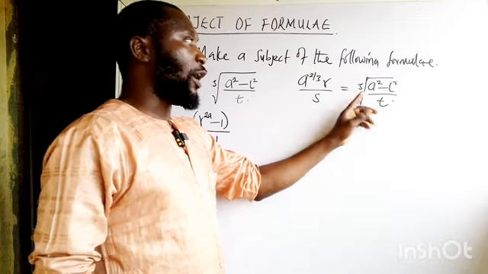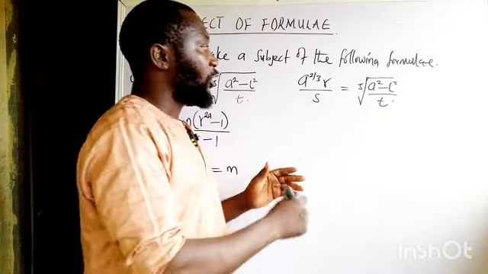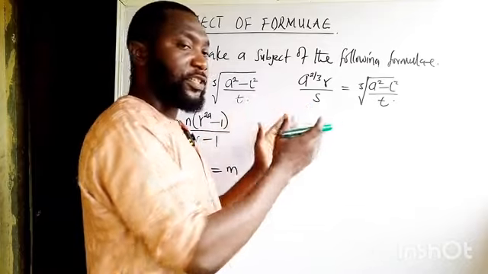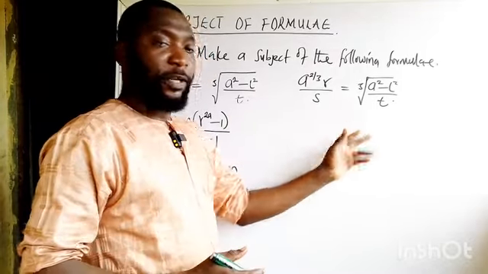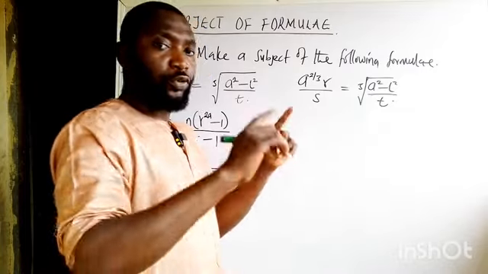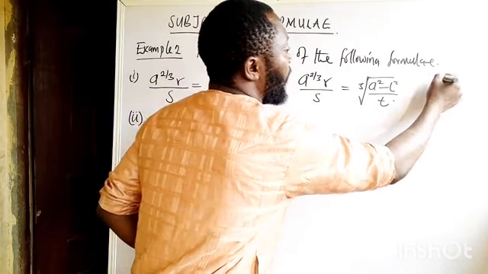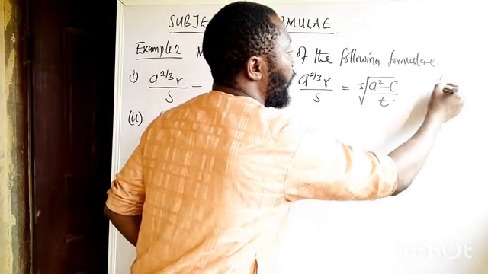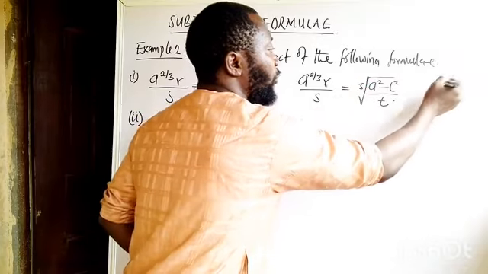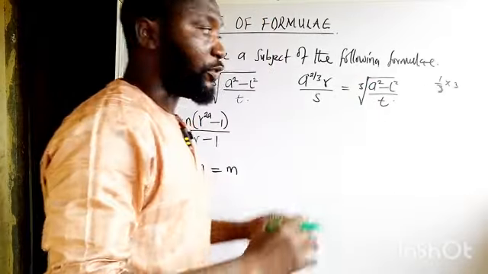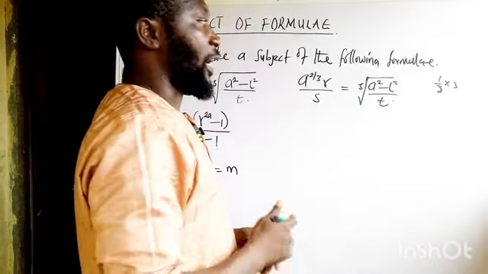So now you have to raise the power of each side of this formula or equation to 3, because this cube root means raised to the power of 1 over 3. For us to remove this power, we have to multiply by 3. So that's why you have to take each side to the power of 3.